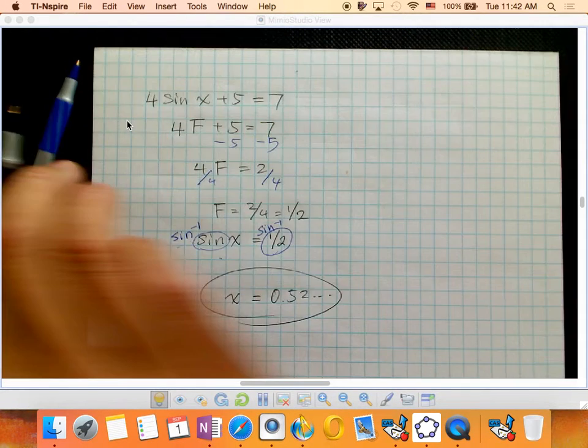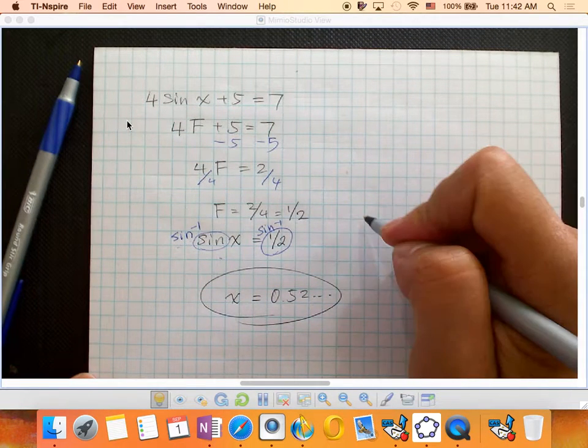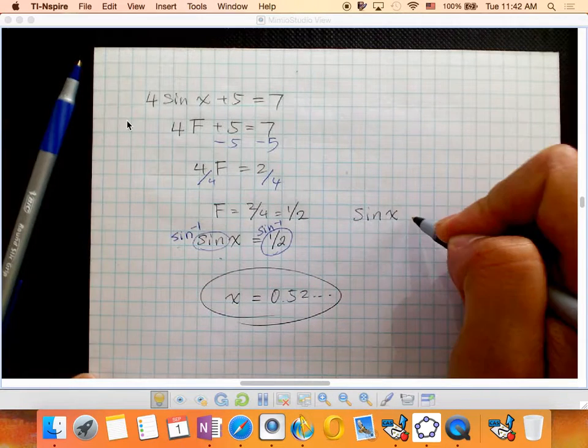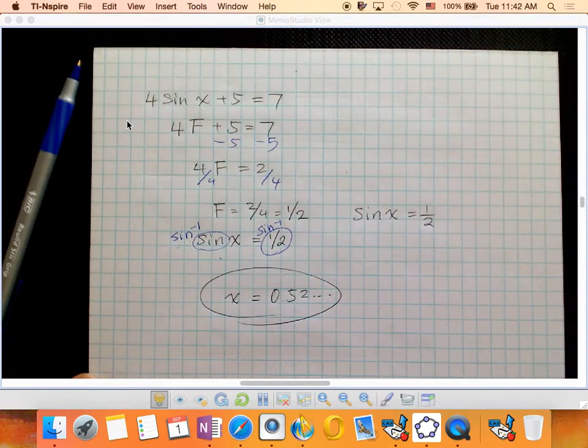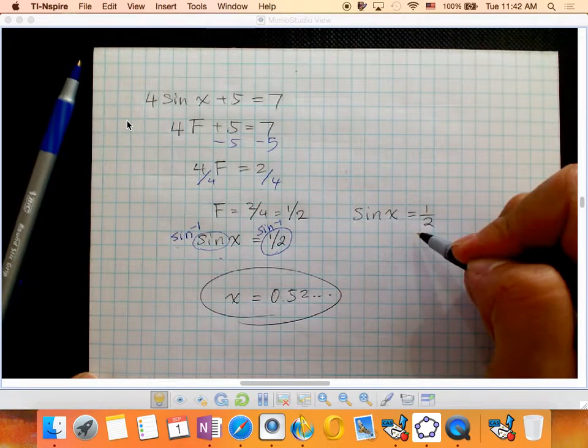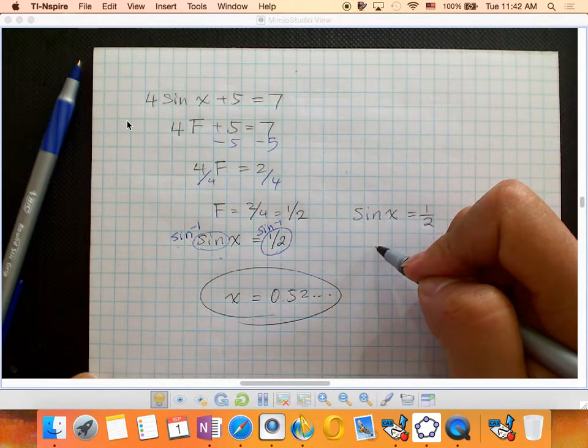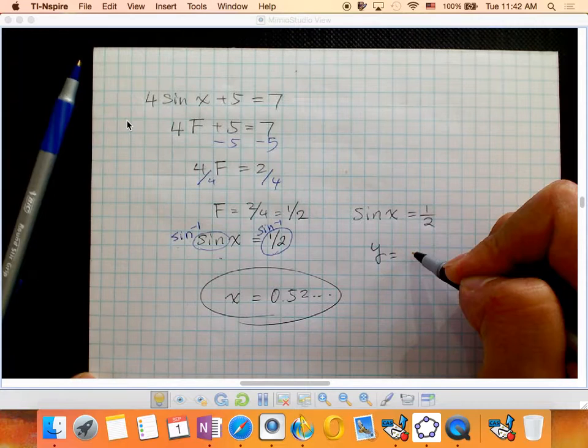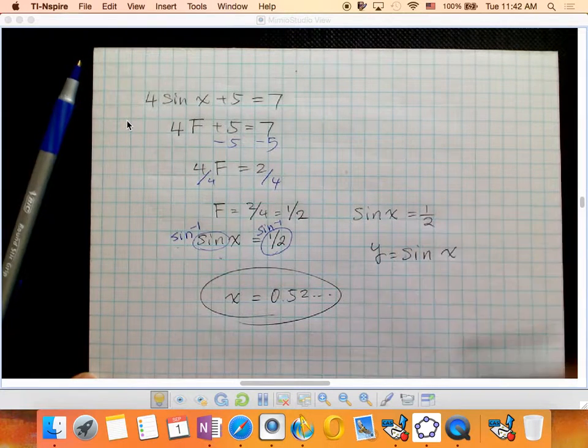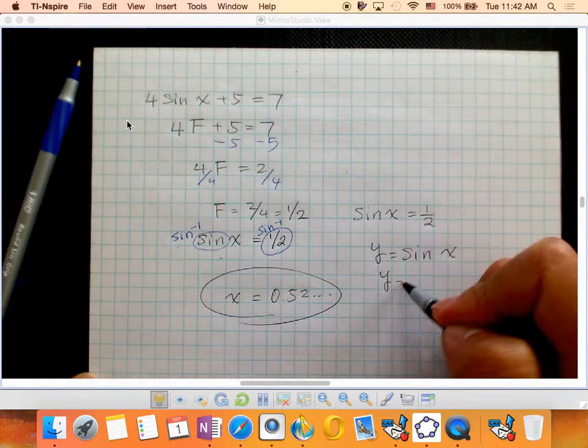If we actually graph that, sine of x equals half, we can split this into 2 in order to graph it. So y equals sine of x, or y equals half.